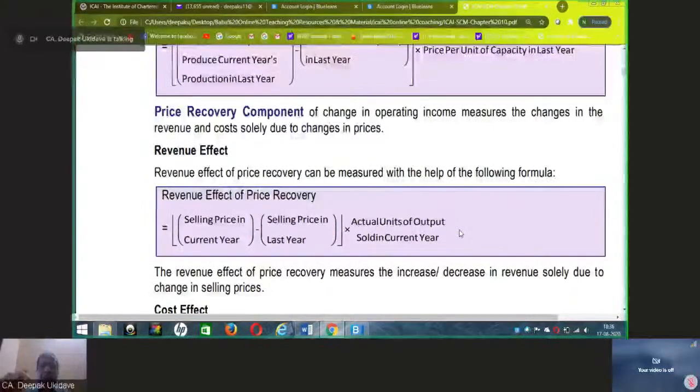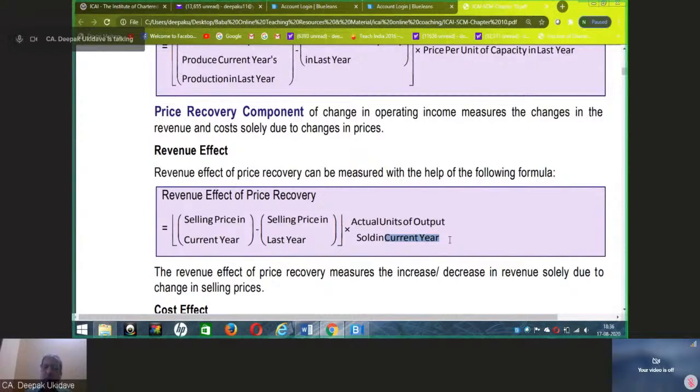But here, for the price recovery component, you take actual units of output sold in the current year, obviously because you are taking into the bracket the difference in price, current year versus last year, multiplied by actual units sold in the current year. So that will give you the revenue effect of price recovery. Now we look at cost effect.